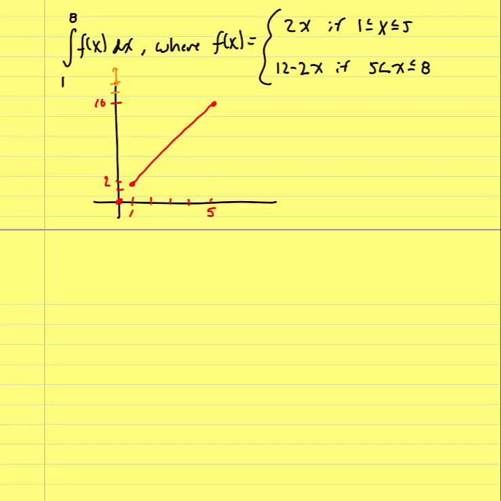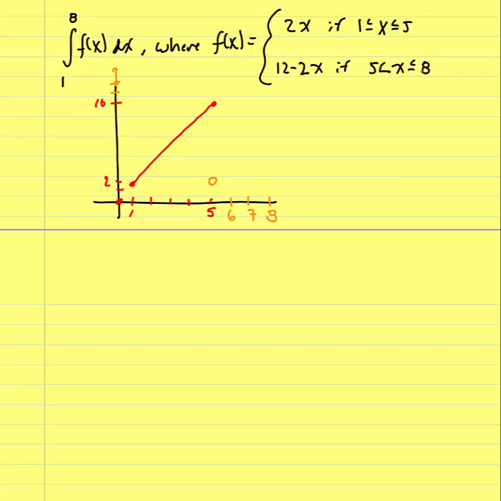So I don't want to start here though, because I'm kind of running across my red line, the 2x line. So I need to come out here, 6, 7, and 8. If I plug a 5 in here, 12 minus 2 times 5, 2 times 5 is 10, 12 minus 10 is 2. So if I plug in a 5, I get a 2 back out, but it's a hollow point because I don't have equality at x.